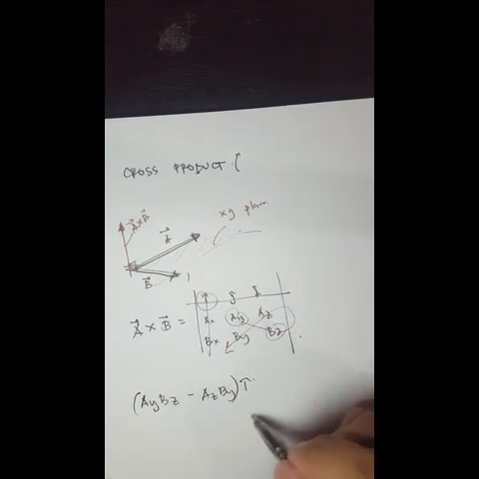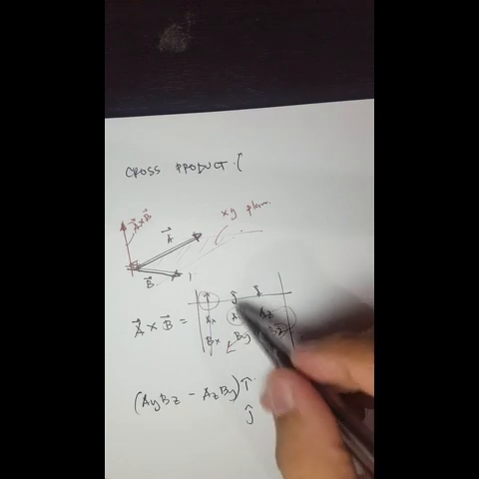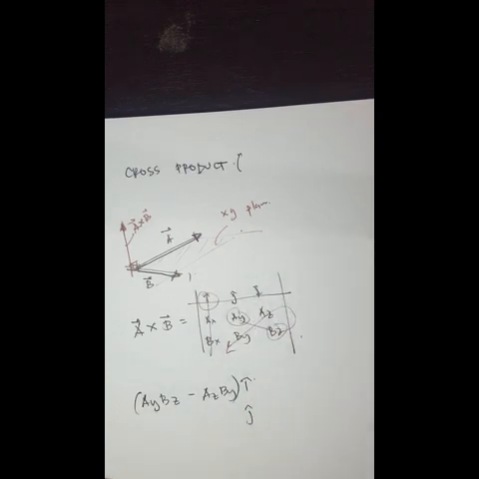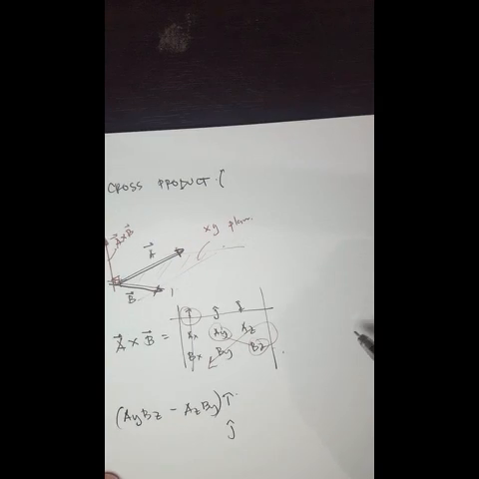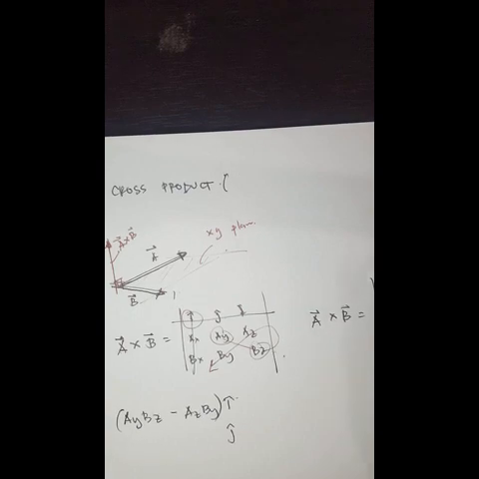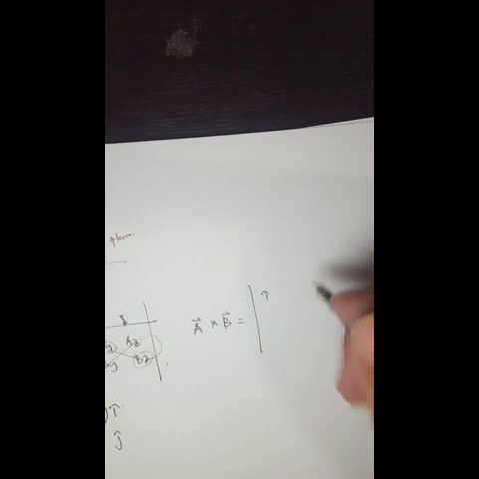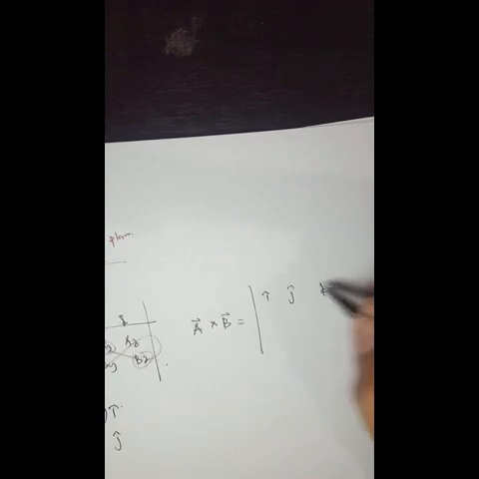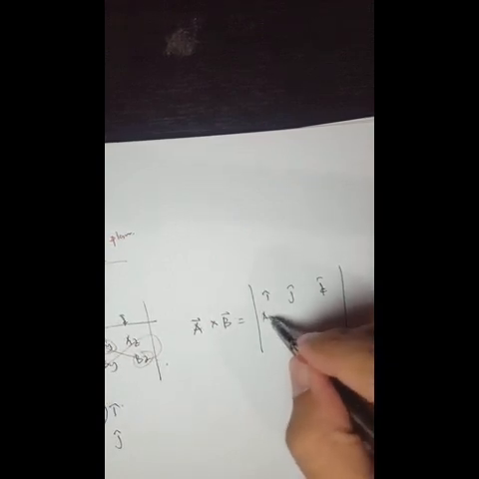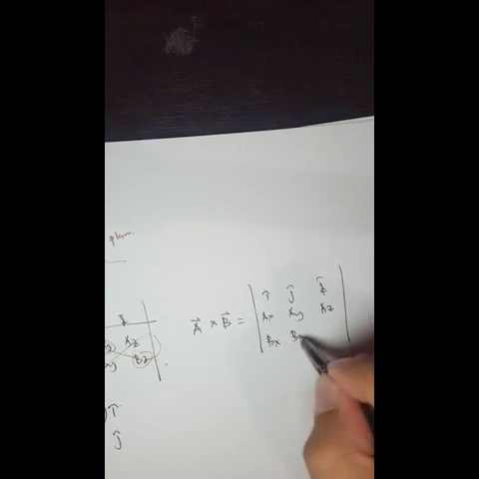Now if we try to solve for the j component, we have i, j, k, then AX, AY, AZ, then BX, BY, BZ. Let's solve for j.